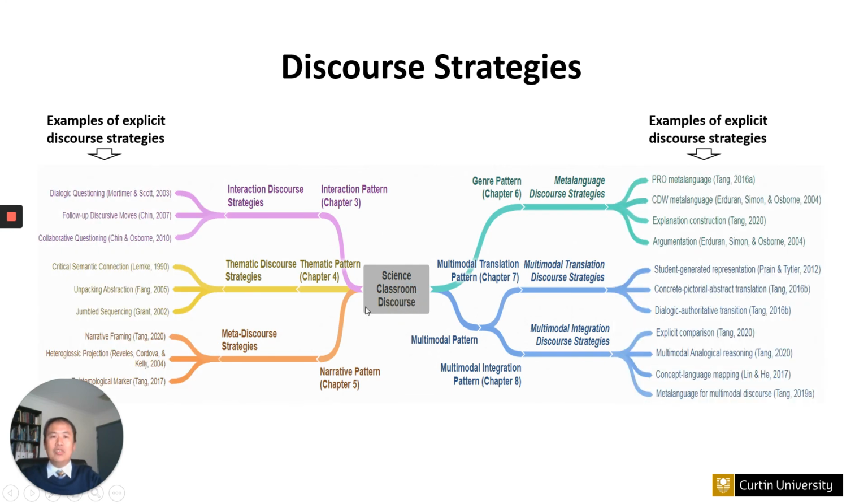In my book, I've introduced a number of discourse strategies that can enhance the discourse patterns. Some of these strategies were developed from my research projects, but many of them were also adapted and inspired from other researchers, and I included their references in this slide. Unfortunately, I don't have time to present all these discourse strategies, so you may just have to get my book to learn more about them.